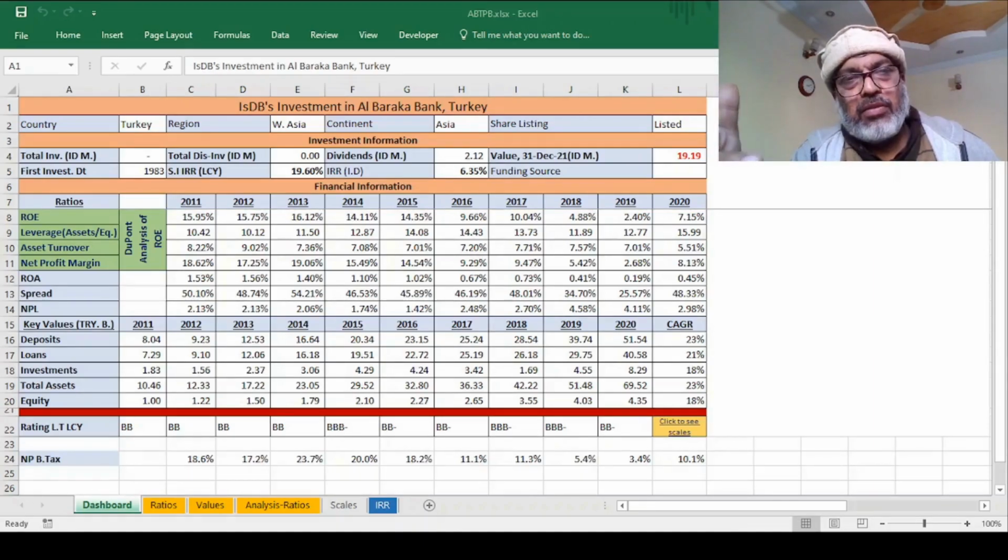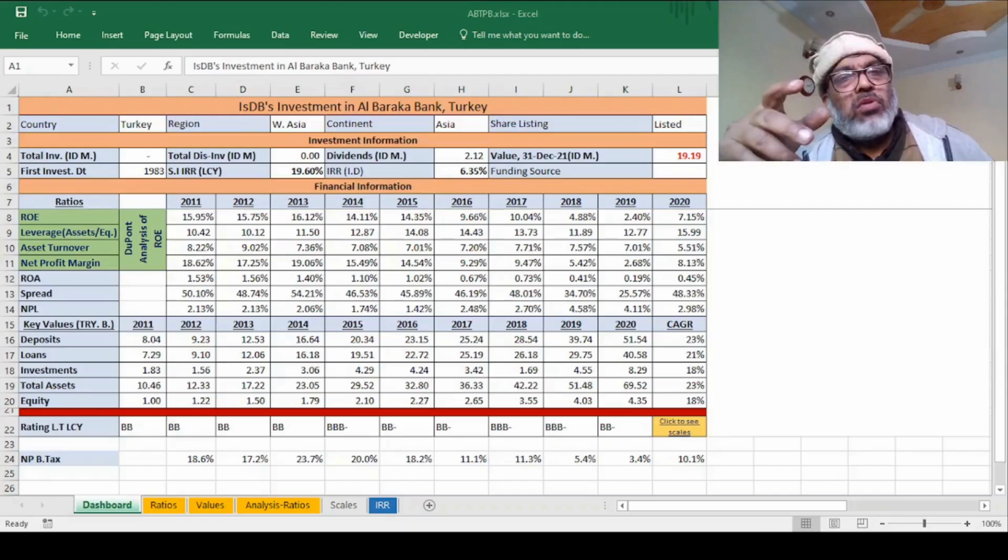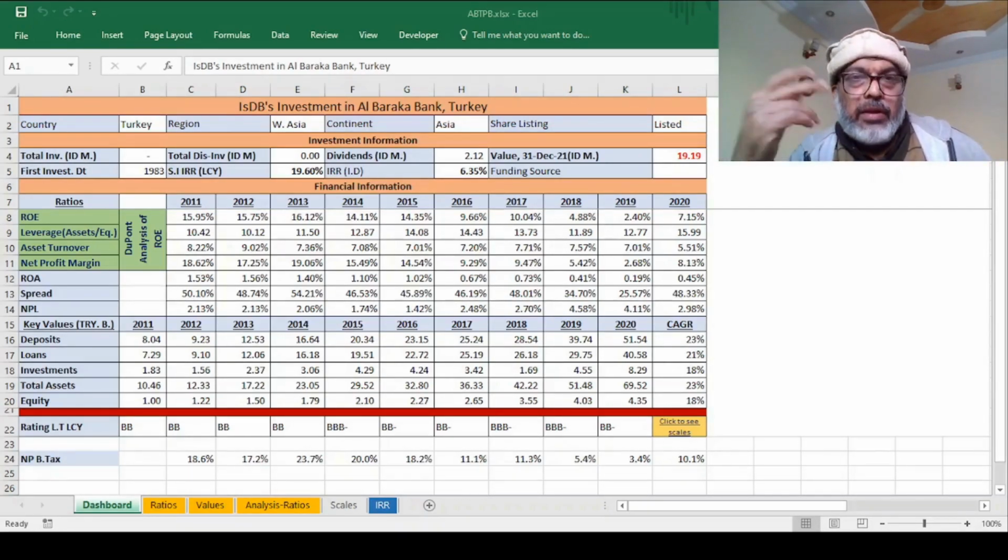CAMEL stands for: C for capital adequacy, A for asset performance, M for management capability, E for earning performance, and L for liquidity.